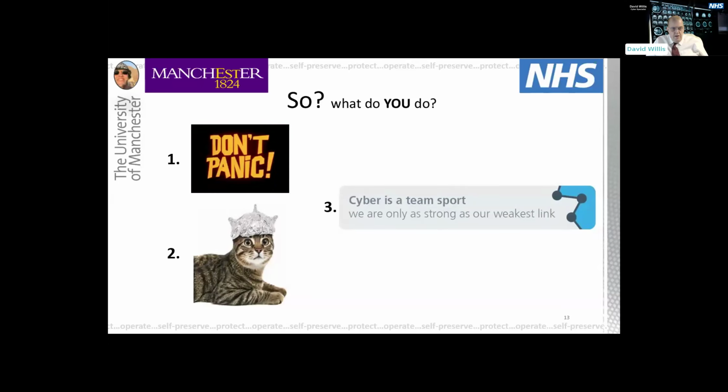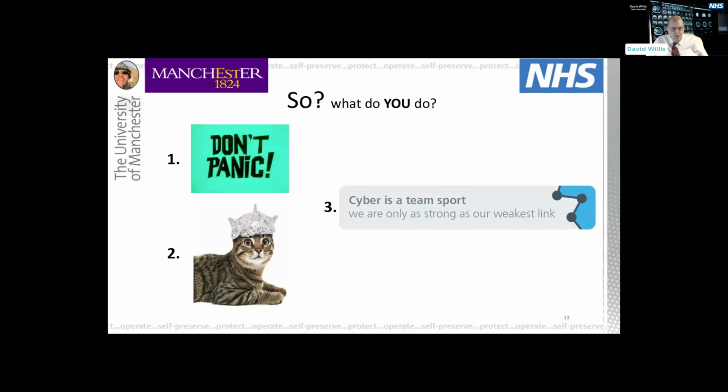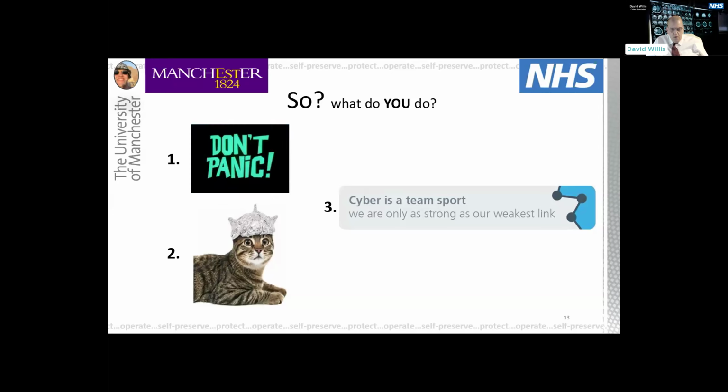And at the end of the day, cyber is a team sport. All of us need to work together to make this work. We're only as strong as our weakest link. And of course, just because you think everybody's out to get you doesn't mean to say that they aren't. There is such a thing as a healthy tinfoil helmet.